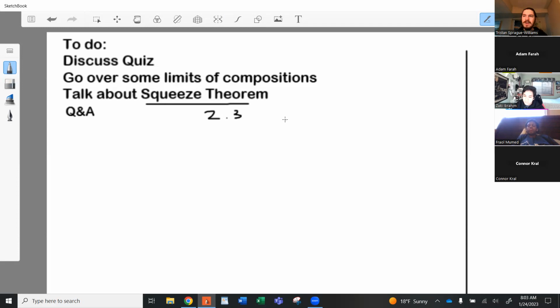But I do think we should touch on it a little bit because we are going to use it in chapter 3. Not right away in chapter 3; it'll be a few sections before we use it, but it's still worth spending some time on it so we don't have to spend as much time on it later. And then we can just, of course, do sort of a Q&A review if we want to.